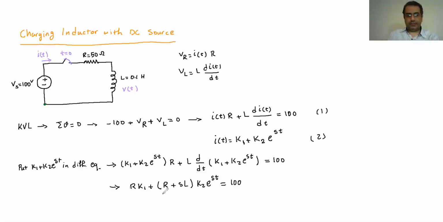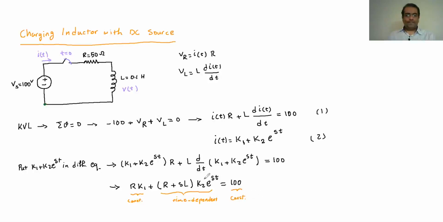Now, if I simplify that, this is what I'm going to get. And if you look here, I have three terms. This term is constant, and this term is time dependent. And again, this term is going to be constant.